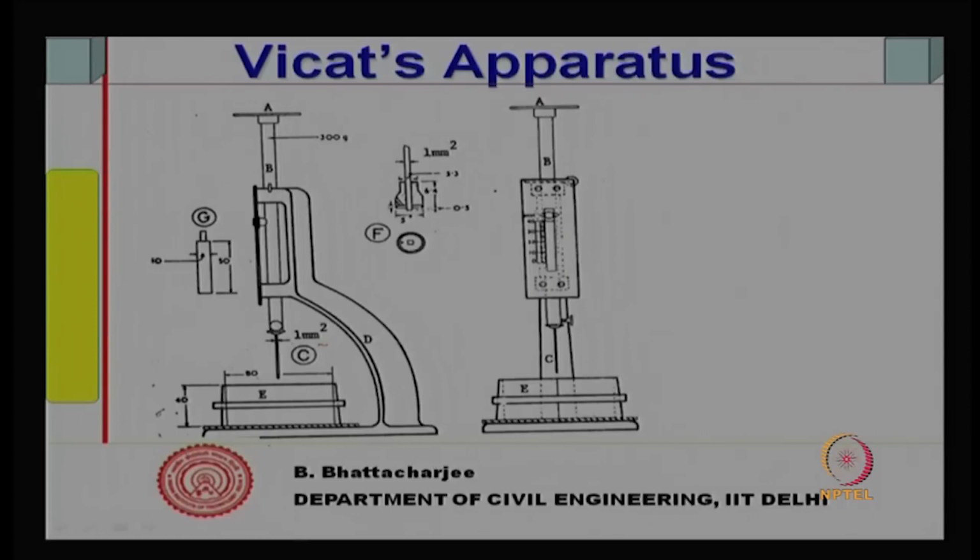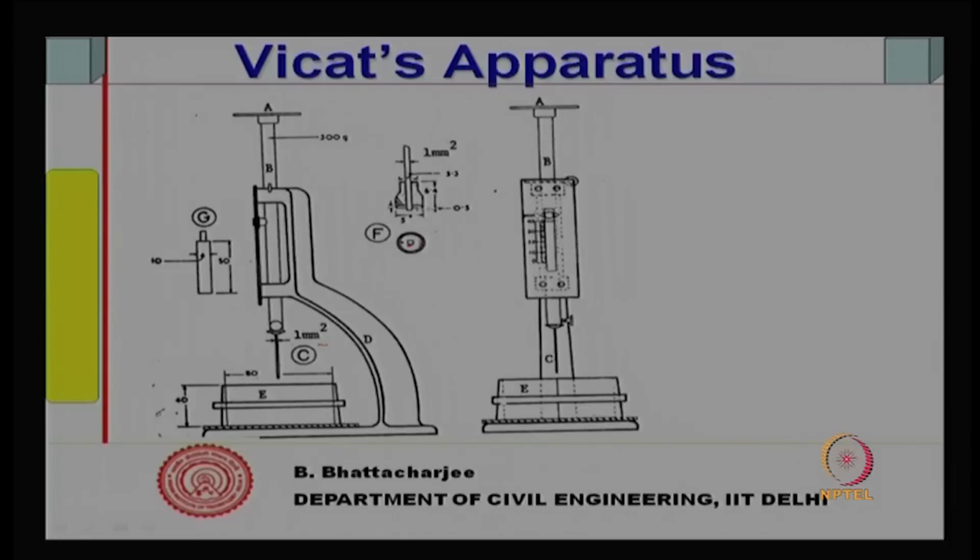The dimensions are given. So, it can make an impression onto the paste like this. The center point, the needle will make an impression like this, and outside, the plunger boundary will make an impression like this, and this is the 1 millimeter square needle. This is a needle 10 mm square. So, these 3 needles are used to determine standard consistency, initial setting time, and final setting time.